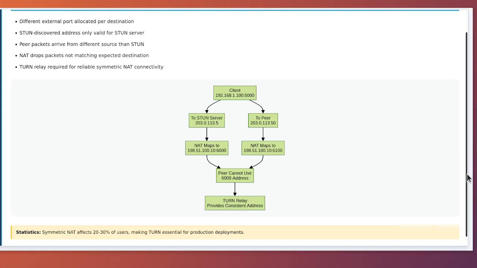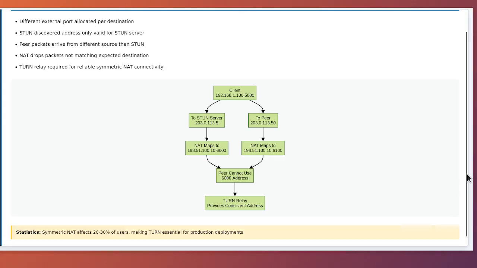Let's trace through a specific scenario to see where symmetric NAT causes problems. Suppose you're behind symmetric NAT with internal address 192.168.1.100:5000. You send a STUN request to a STUN server at 203.0.113.5:3478.